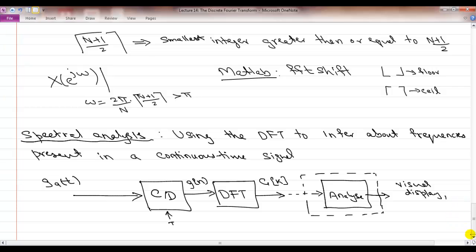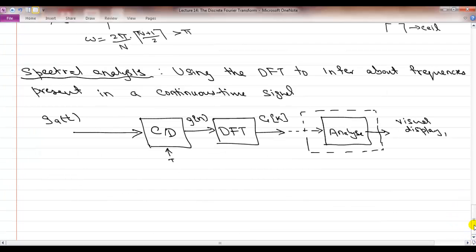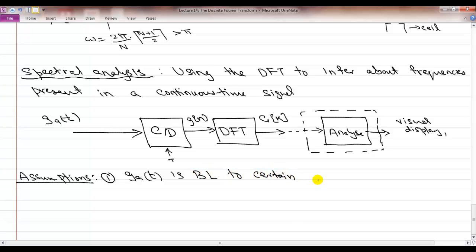So let's begin by asking, if we want to do spectral analysis and we have this kind of setup, what are some of the key assumptions that we need to make? What's the first assumption? If someone shows you this setup, what's the first assumption that you need to make? The two key assumptions you have to make before you do any spectral analysis are about the band limited nature of your signal. The first thing is g_a(t) is band limited to a certain maximum frequency.